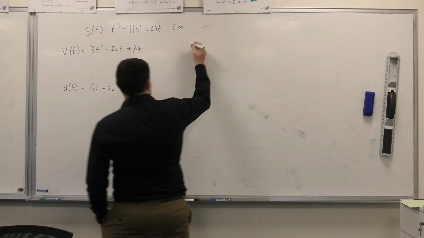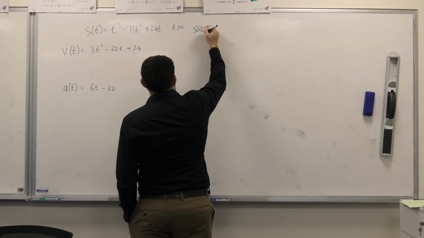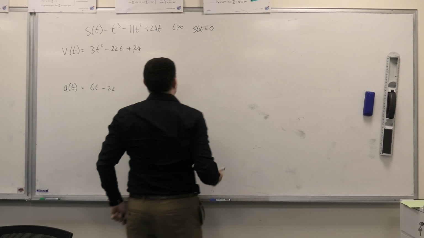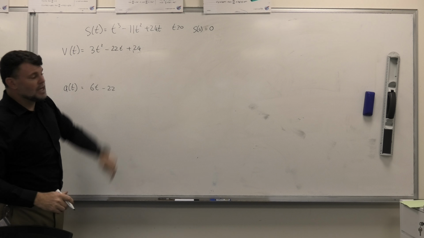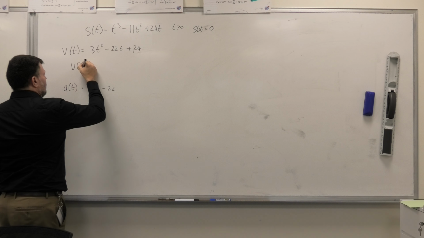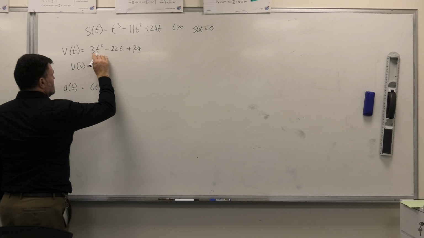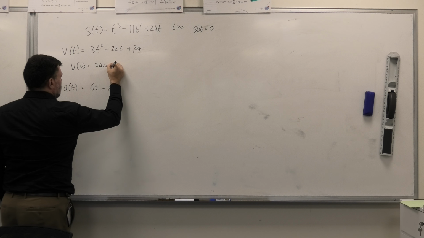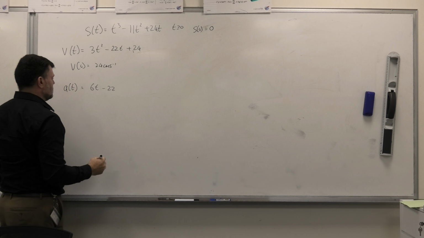To find the initial conditions, for s of 0, I'm going to get 0, because if I plug t equals 0 in there, it's at the origin. For v of 0, if I plug t equals 0, I'm just left with 24 centimeters per second as a positive.